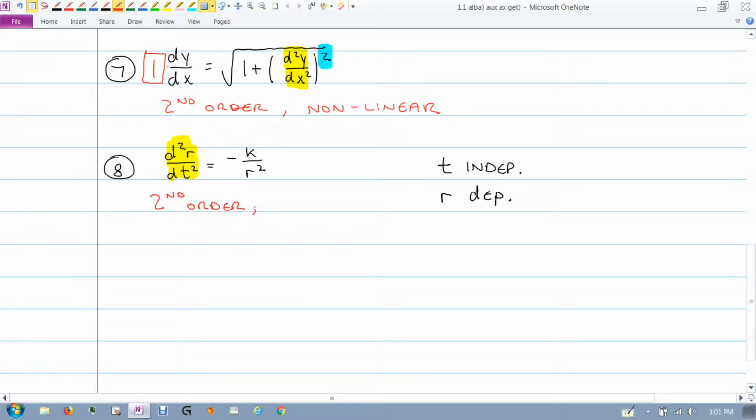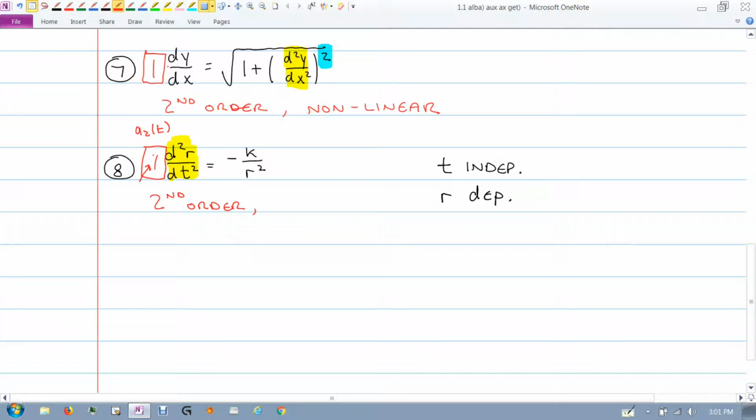differential equation. Now, in terms of linearity, in front of this we have a 1, so what we would need there is a function of t now, right? We would need a sub 2 of t instead of a sub 2 of x, because t is our independent variable. So this 1 is a function of t. It's a constant function, but you could consider that a function of t.